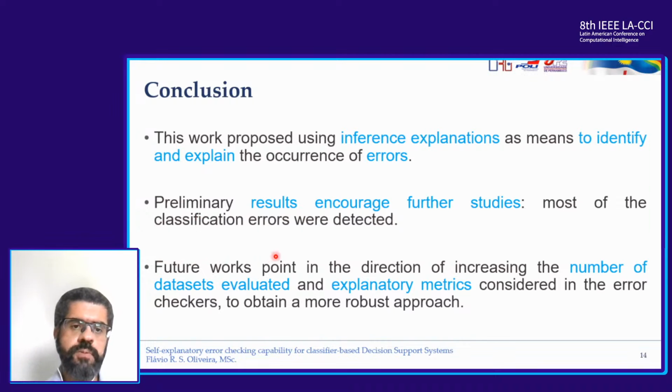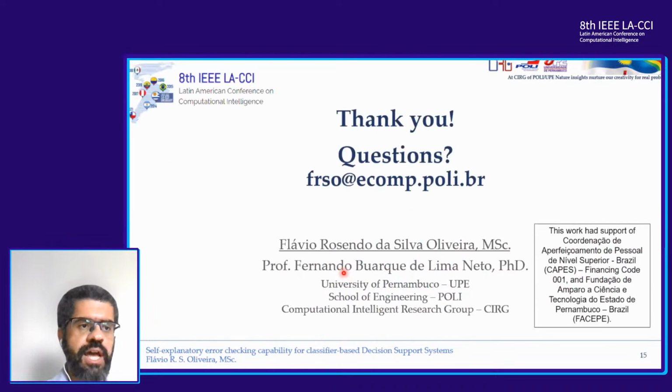In order to make this approach more robust, we intend to evaluate a larger number of data sets, employ data sets which are more complex, also use as decision models classifiers which are more powerful, and finally, develop a set of extra explanatory metrics which can be used for harder problems and also deliver this to the community. So thank you so much for your time.